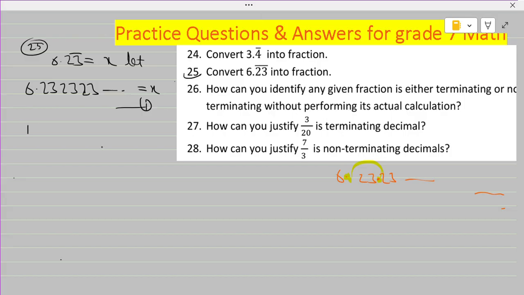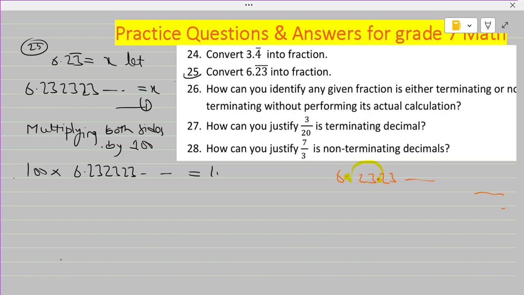So we say here, multiplying both sides by 100. So you get 100 into 6.232323 continuing, equal to 100x.